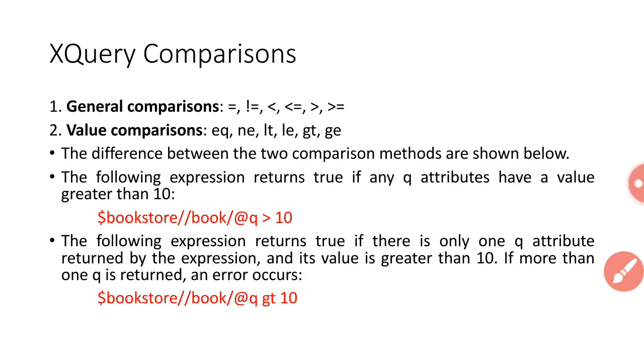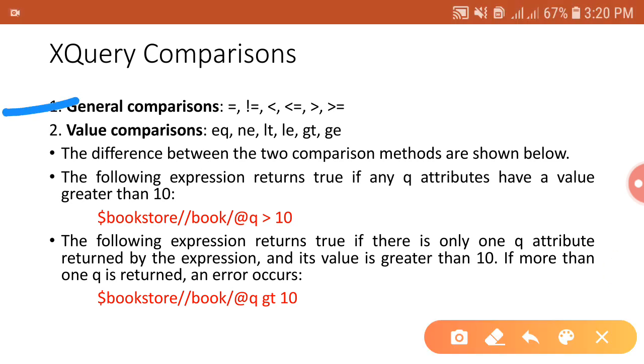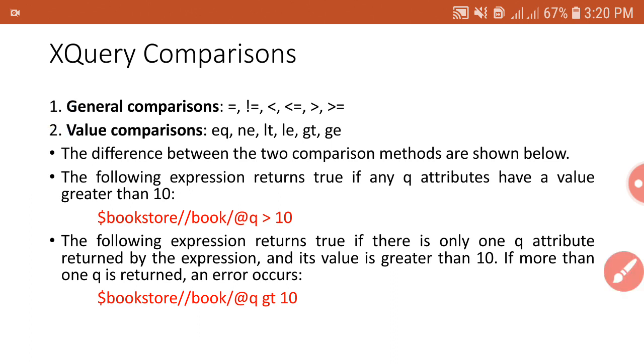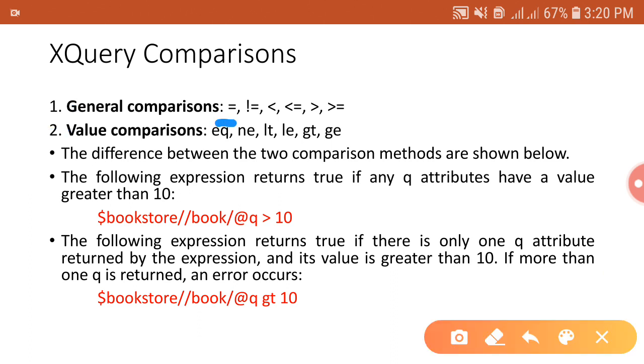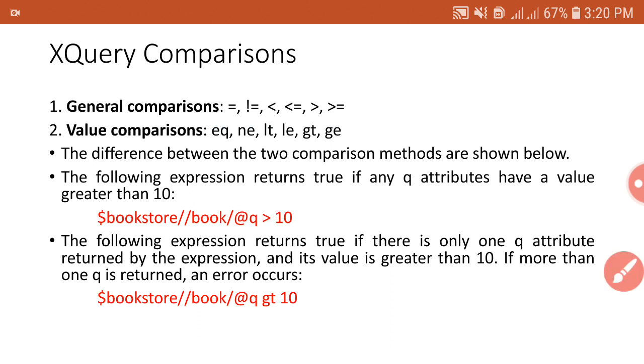Now let's see how comparisons are performed in XQuery. In XQuery there are two ways of comparing values. First is general comparison and second is value comparison. Okay, you can perform general comparisons with these signs: equal, not equal, less than, less than or equal, greater than, greater than or equal.